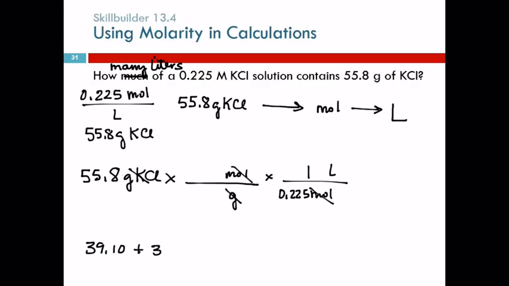39.10 plus 35.45, potassium plus chloride. I'm getting 74.55.